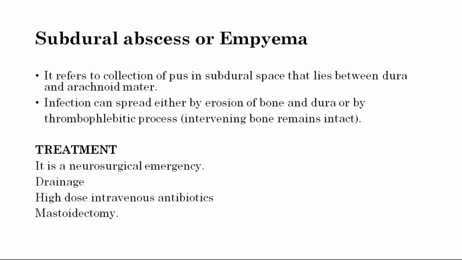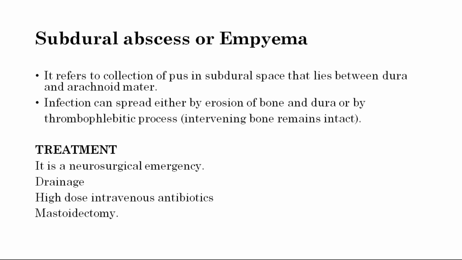So three routes: one is via erosion of the tegmen plate and erosion of the dura, then it goes to the subdural space; venous thrombophlebitis is the second route; and third is from inside, a brain abscess rupturing into the subdural space.